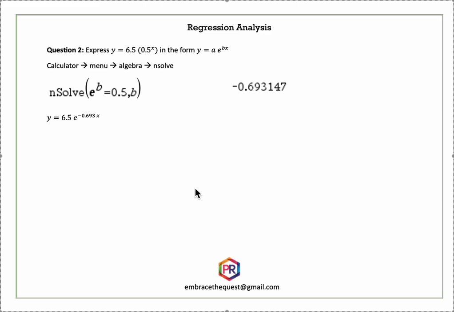What I do is I use nsolve from the algebra tool, and then I'm getting 0.693147. So I can write the expression as y equals 6.5 times e power minus 0.693x.